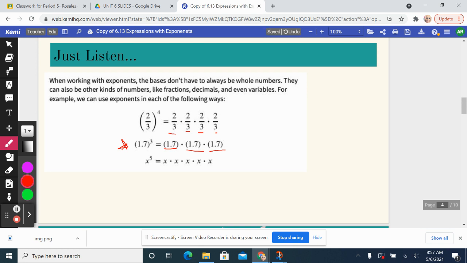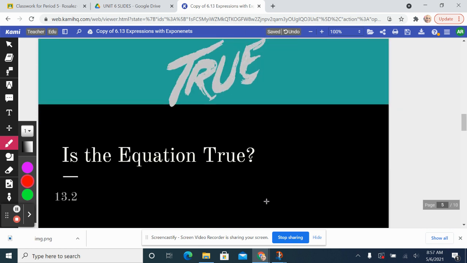So don't think it is impossible because you see a fraction or a decimal or something that you don't know. It just means multiply it by itself that many times, right? So just keep the rule in your brain. Now here's just a rule: x to the 5th means x times x times x times x times x, right? So that's just a rule for you.